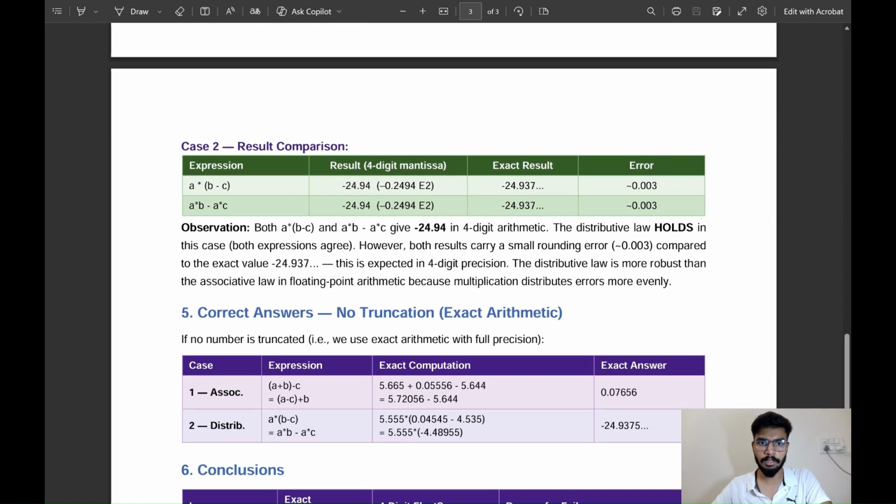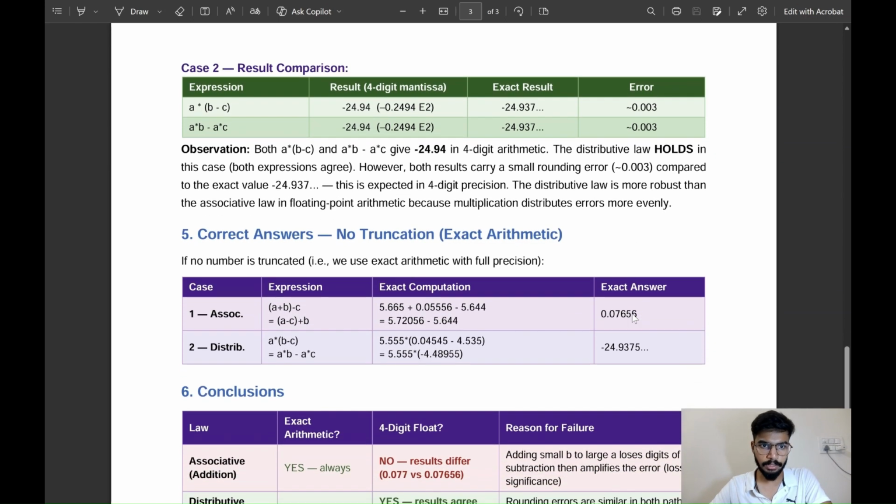Observation: both a into b minus c and a into b minus a into c give the same result in 4-digit arithmetic, so the distributive law holds in this case. This is good. However, both results carry a small rounding error of 0.003 compared to the exact value of minus 24.937, and this is expected in 4-digit precision. So the distributive law holds, while the associative law fails because of the error.